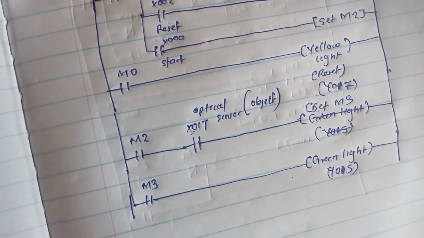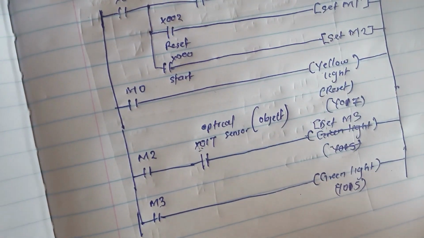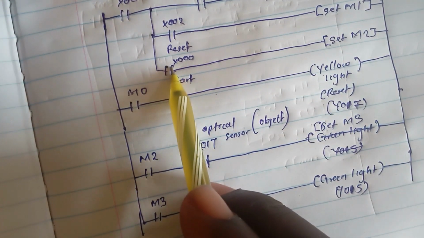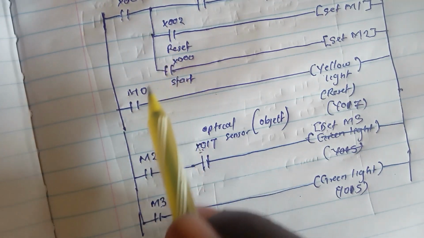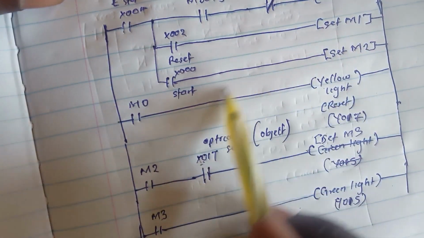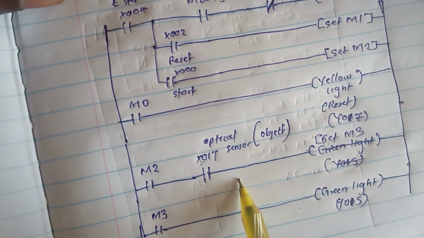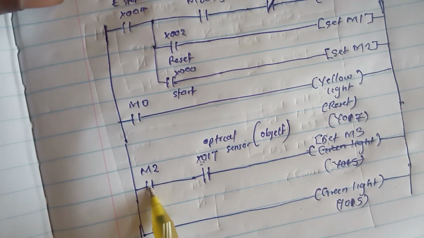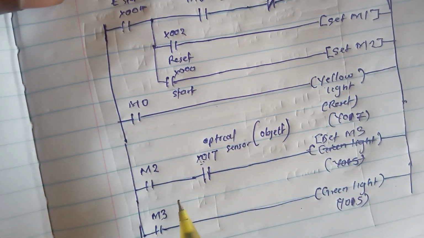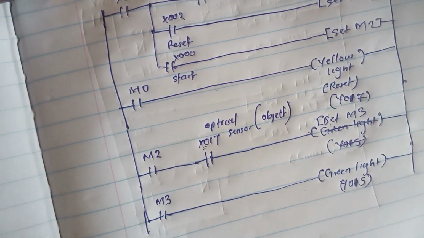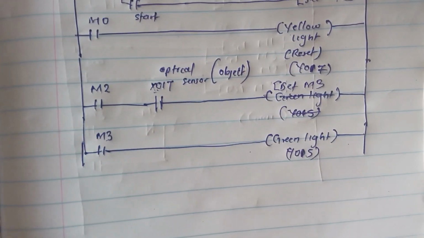Y15. We'll only make the green light blink when the reset, X2, is pressed. So M1 should be able to make the green light blink, but at the same time when M2 is activated, the blinking should stop. To effect this, we can add another branch here.